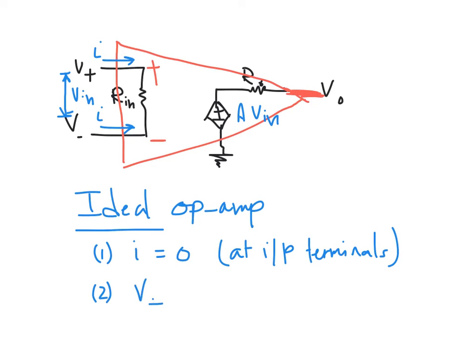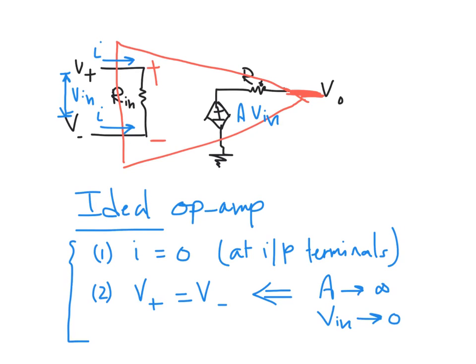Again, V plus equals V minus, and this comes from the very high gain. A tends to infinity, so your input voltage should go to 0. So both of them will give you the ideal amplifier.